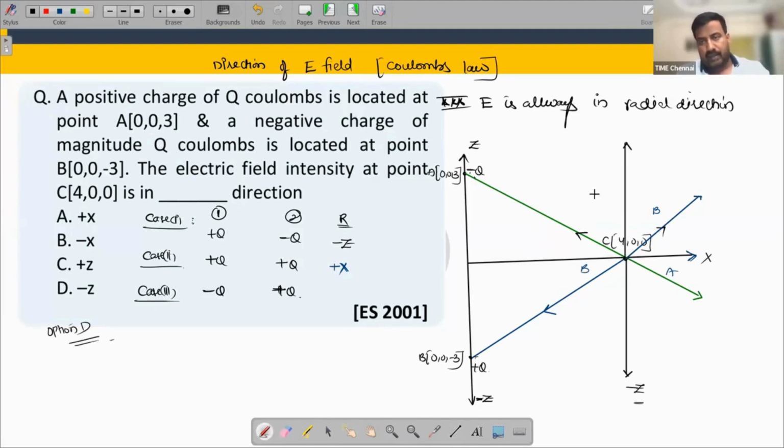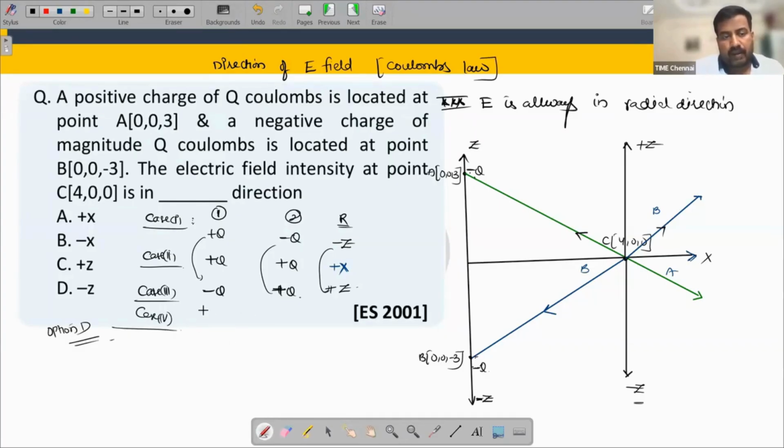Instead of minus z, now it will become plus z. If both are negative, polarity of both the charges is reversed, so the direction will reverse. Both are negative, you can see it in this way.